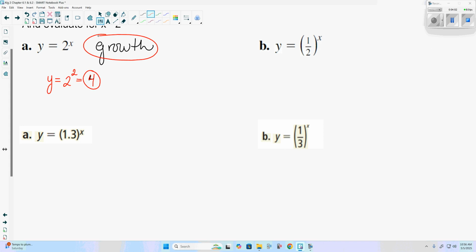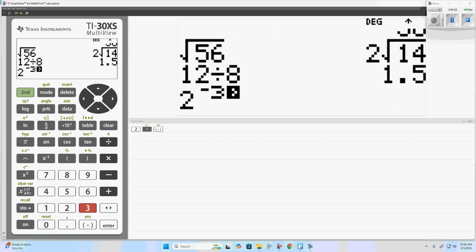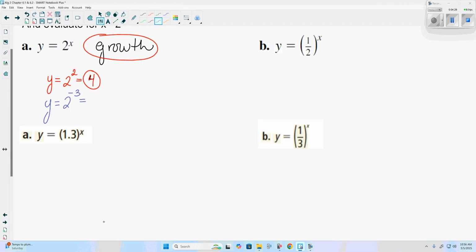And it doesn't matter what value we have. We could evaluate it for when x is -3. Because all we're looking at is 2 to the -3rd power, which in our case would be 1/8. We can plug it in to evaluate it.